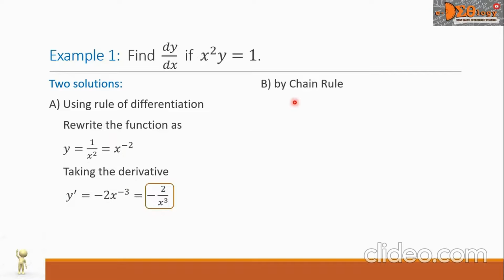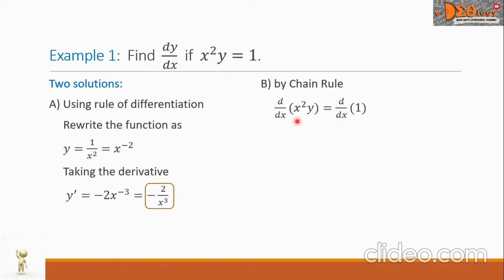Solution B is by chain rule. Here, we're going to take the derivative of both sides of the equation. So we have d over dx of x squared y equals d over dx of 1.